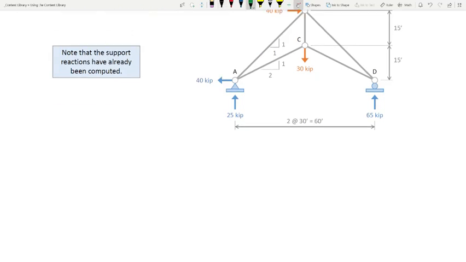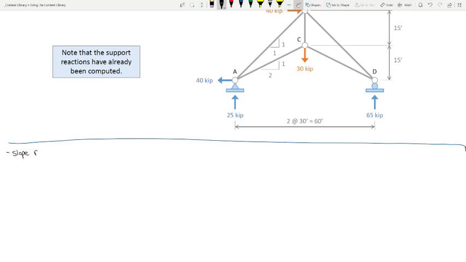Now before we get into this, I kind of want to look at our slope ratios. And I kind of want to look at it a little bit differently than I have in the past.